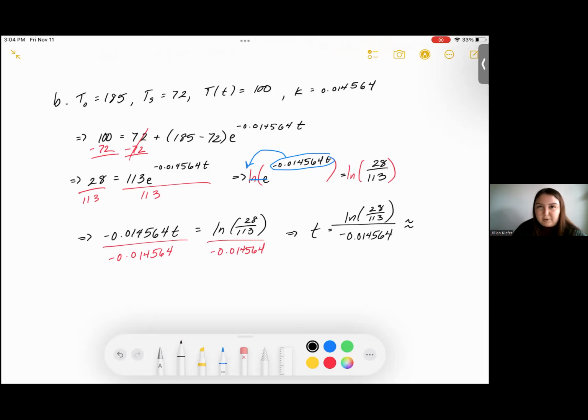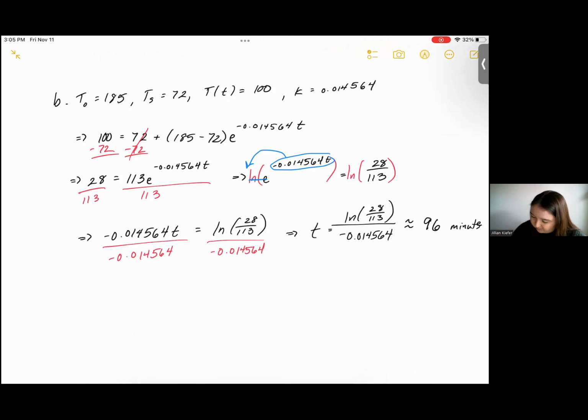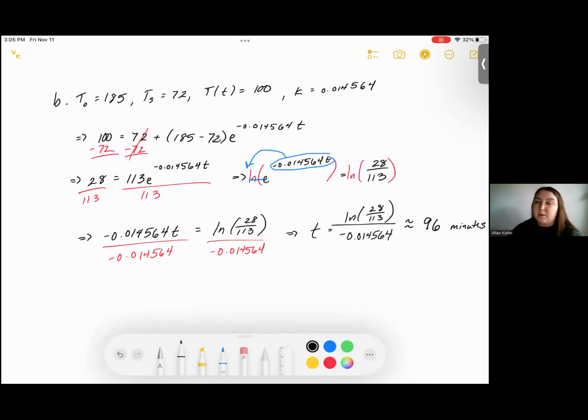If we find this value, it comes out to about 96. But remember, this is in minutes. So we get that this is 96 minutes, but the question was asking how many hours it is going to take for this to happen.